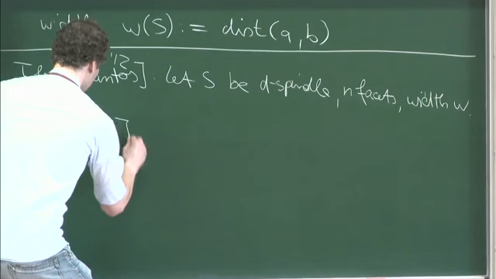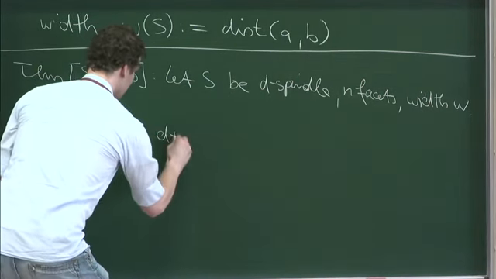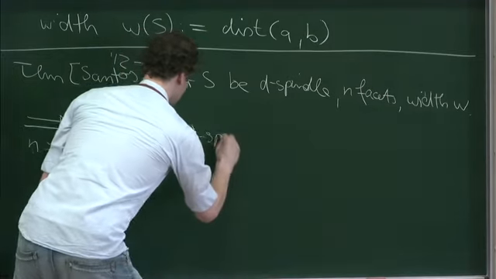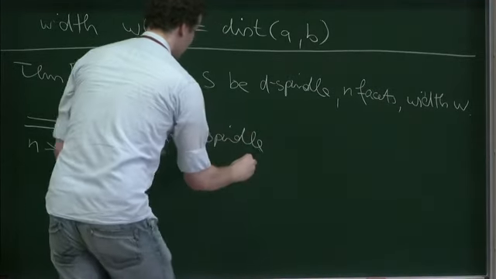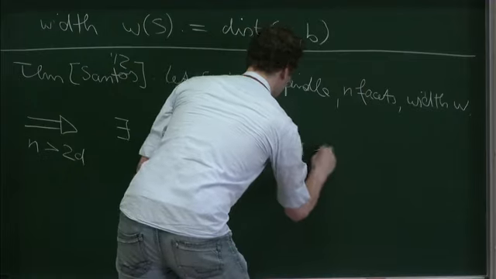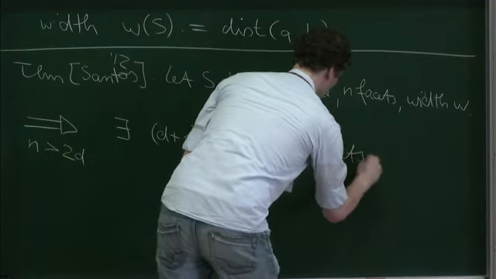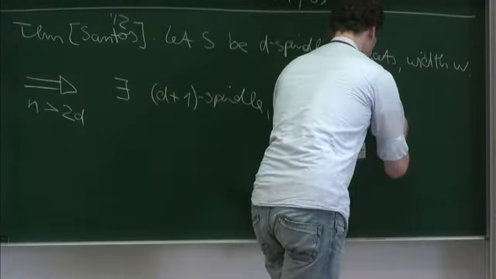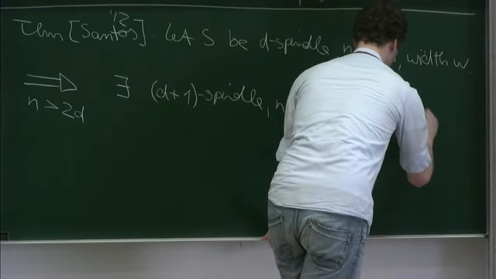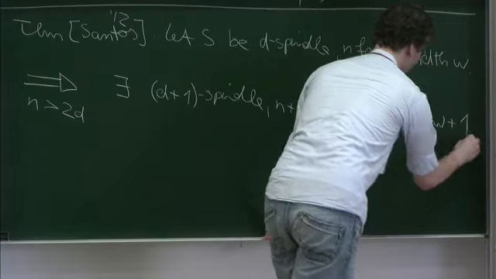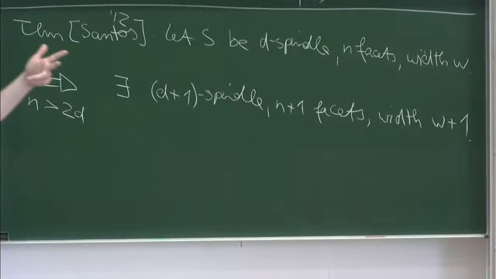Then there exists a d plus 1 dimensional spindle with n plus 1 facets and width w plus 1. So basically all 3 parameters go up by 1.